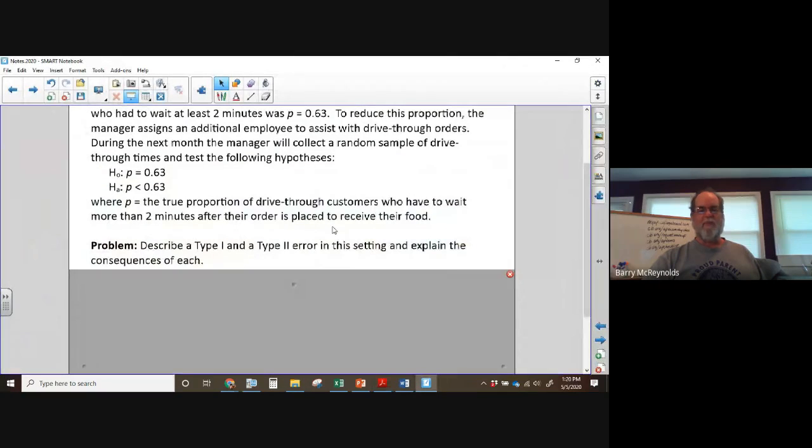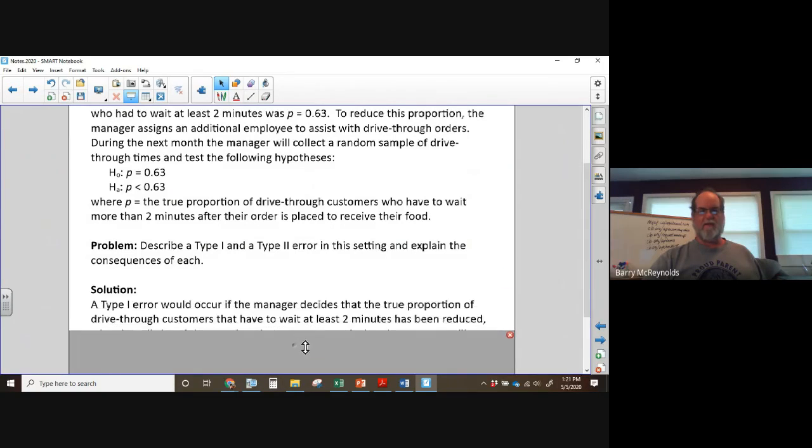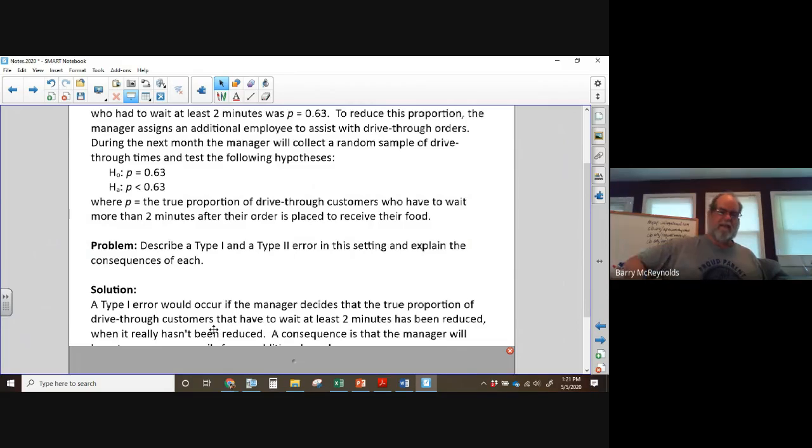So type 1 error in this case would occur if the manager decides that the true proportion has been reduced when it actually hadn't. So at the end of the month, he's going to collect data, and out of that data, he's going to get a p hat.